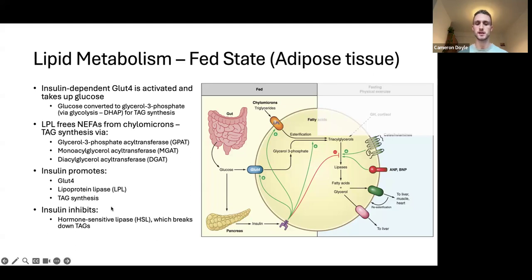So you're getting fatty acid uptake, glucose uptake, and it's also going to inhibit the enzyme hormone-sensitive lipase, which is found in certain tissues and breaks down stored fats in, for example, adipocytes. You do that in the fasting state when you need those fatty acids to be accessed.